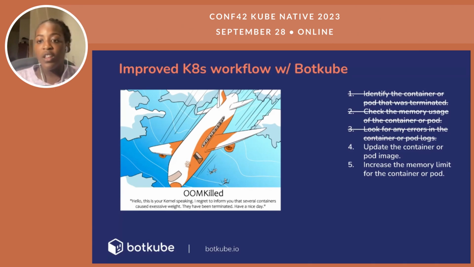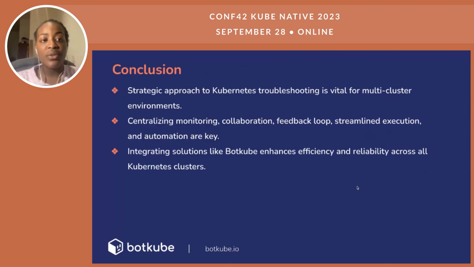This will allow your teams to work more efficiently and quicker and work on the more important stuff besides debugging errors. So in conclusion, a strategic approach to Kubernetes troubleshooting is vital for multi-cluster environments. As we know, complexity and scale are becoming more and more important as we go on.